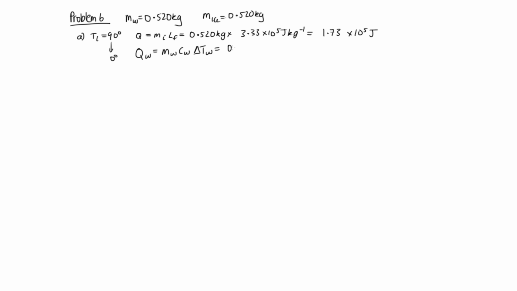Substituting in, we've got 0.520 times 4,186 times 90, and this is equal to 1.959 times 10 to the 5 joules. Okay, so in this case, the water can release more energy than is needed to melt the ice. So this tells us that all the ice is going to melt.